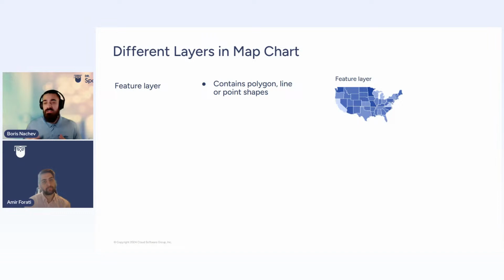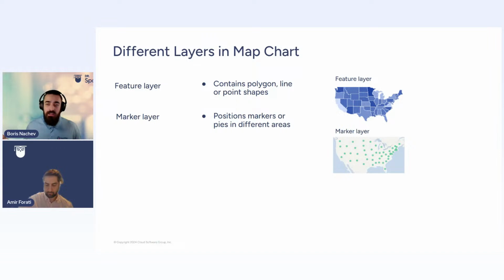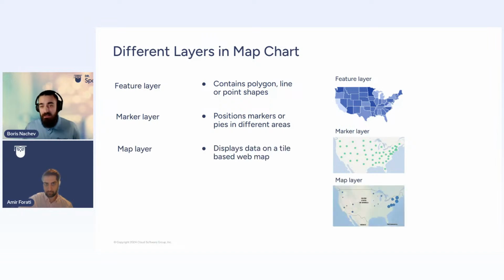Features can be used either as a data layer or as a reference layer, only displaying items of visual interest. A marker layer, where markers or pies are positioned in the different areas, can be used to interact with the map chart. A map layer allows you to display your data on a tile-based web map. Map layers are always used as a reference layer and cannot be interacted with directly.